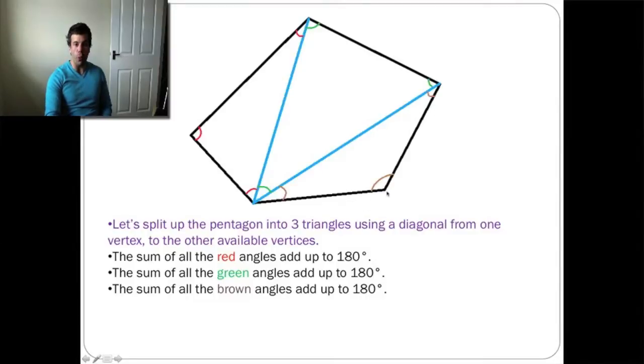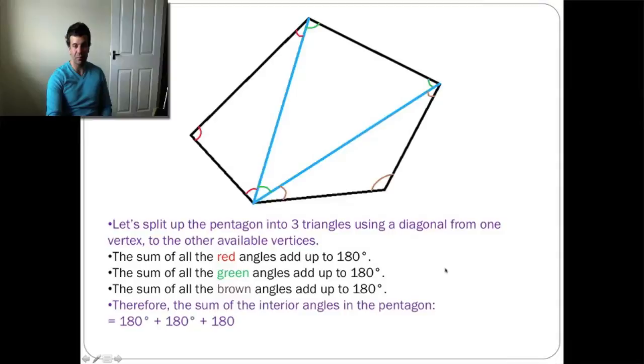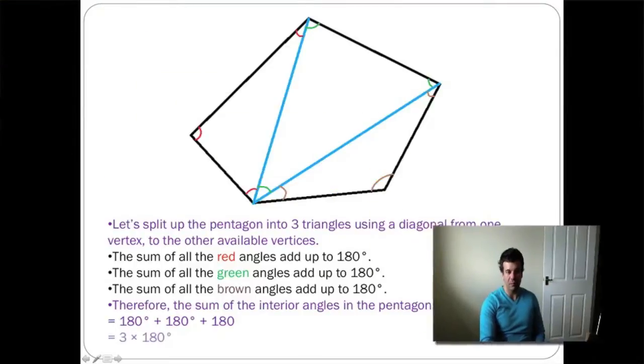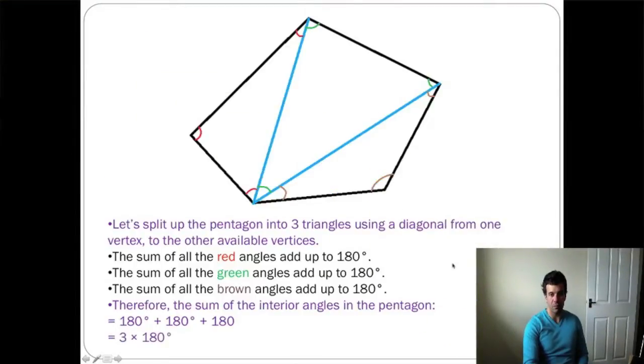So like before, the total interior angles of the whole shape, the whole pentagon, is all of the angles added together, or all 3 sets of 180 added together, which you should be able to calculate to 540 degrees.